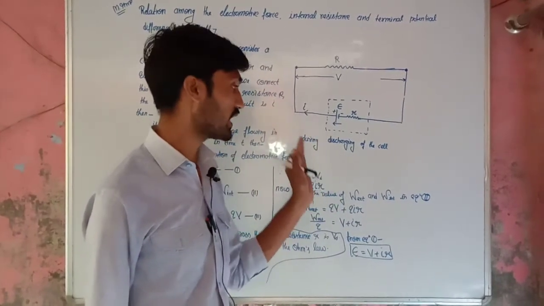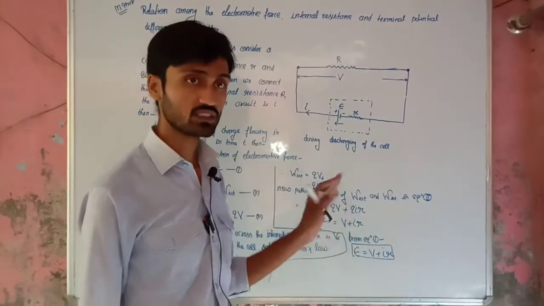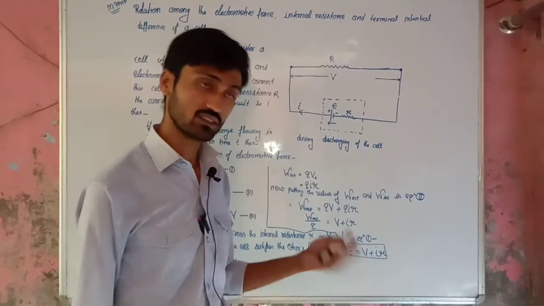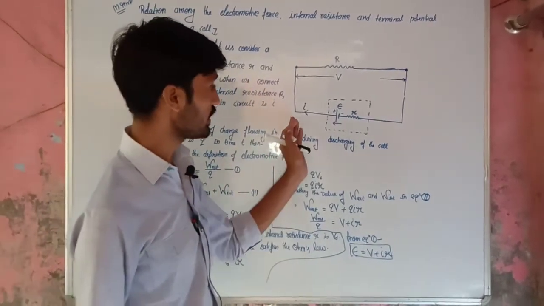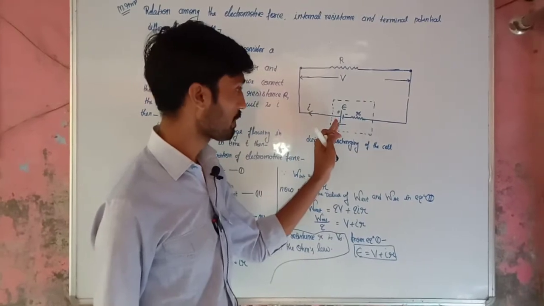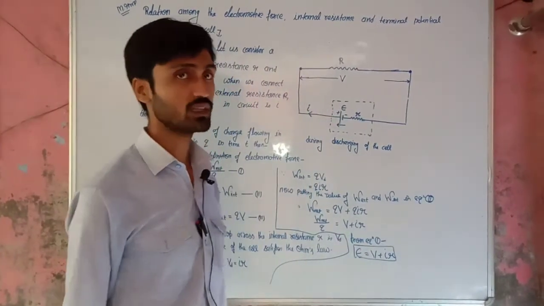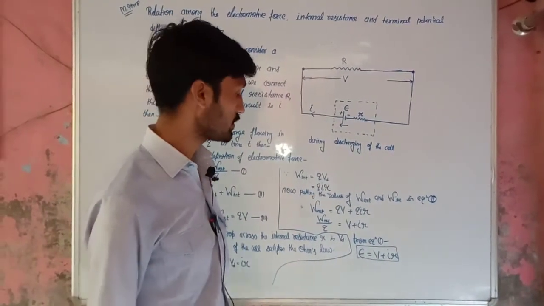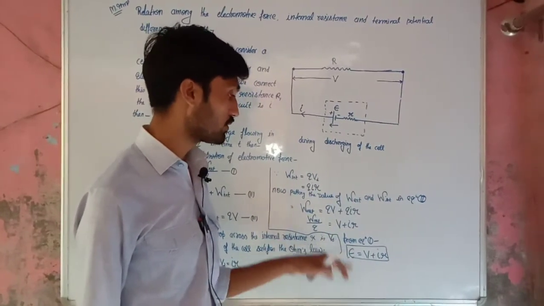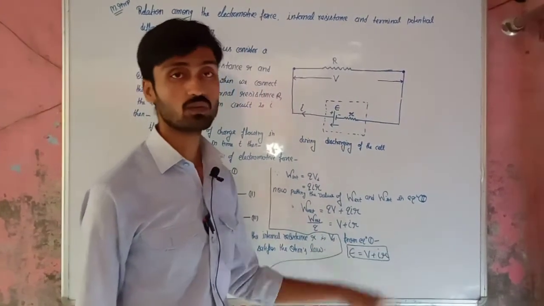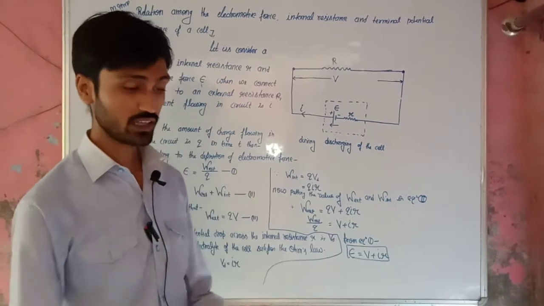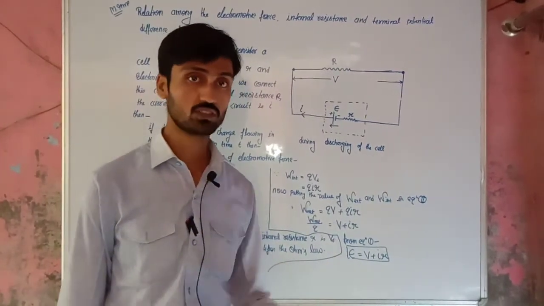If the cell is under charging, then the current will be towards the higher potential of the cell. Then in this formula we will replace I by minus I, because the direction of the electric current will be just opposite.